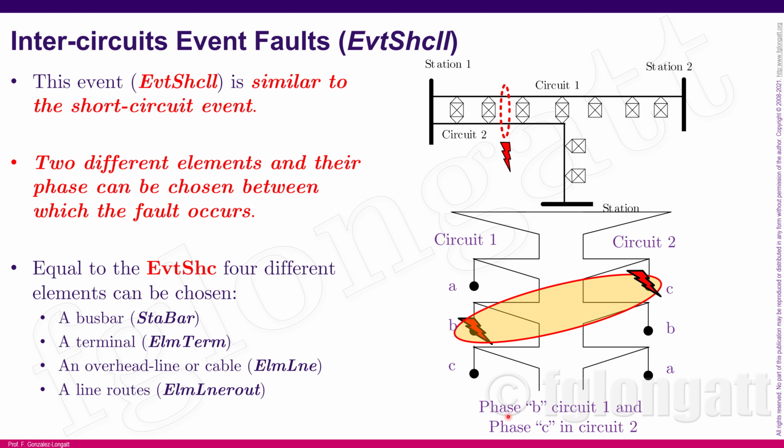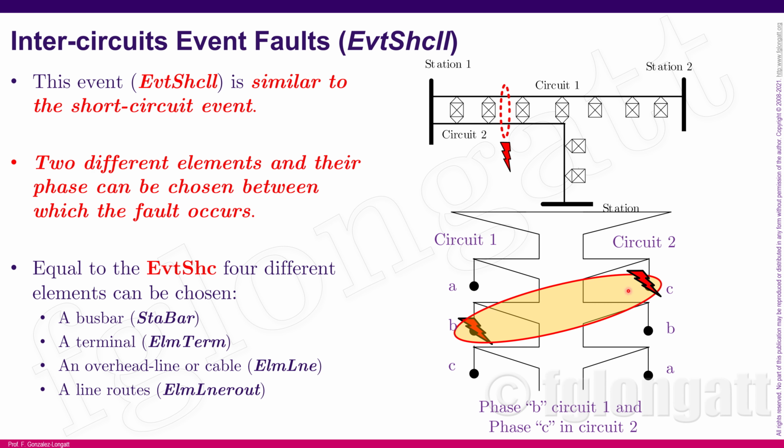An inter-circuit fault is a classical short circuit that can happen when we have a structure like this transmission tower. We have a circuit 1 here, circuit 2 here, and there is a short circuit in circuit 1, and there is a short circuit line to ground, for instance, in circuit number 2.